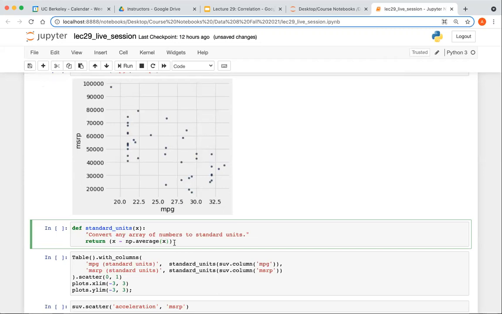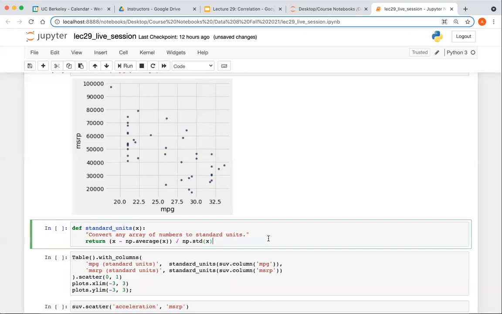Is this a number? What is it? Yes, I'll divide. But before that, is it an array or is it a number? It's an array. Thank you. All right. Is this resulting thing an array or a number? It's an array. We have taken the entire array and we have converted it, all the numbers, to standard units.